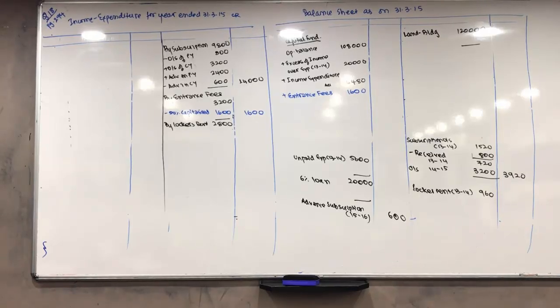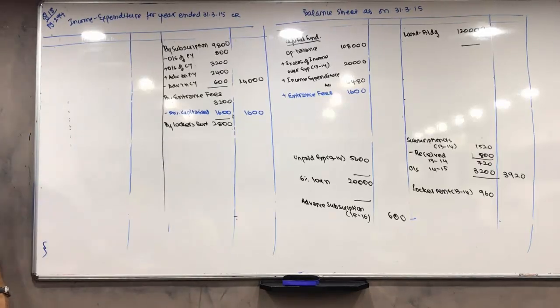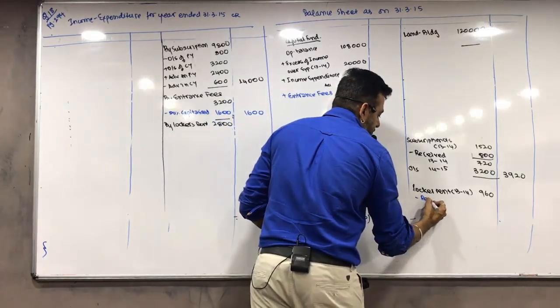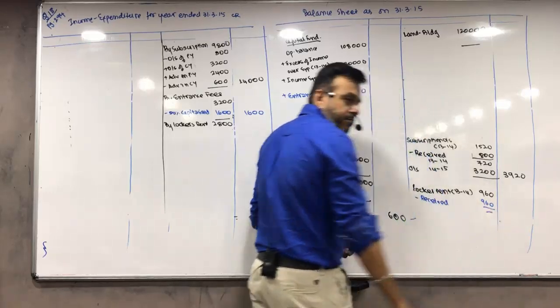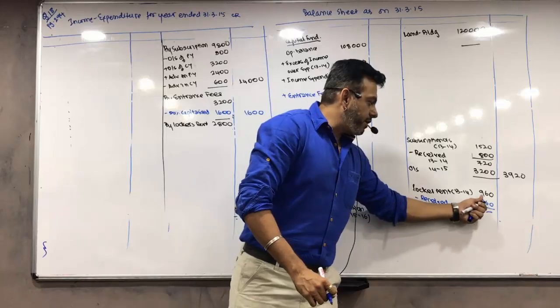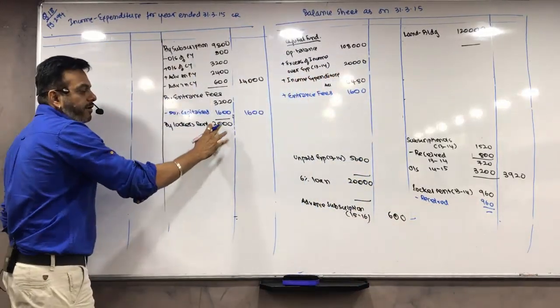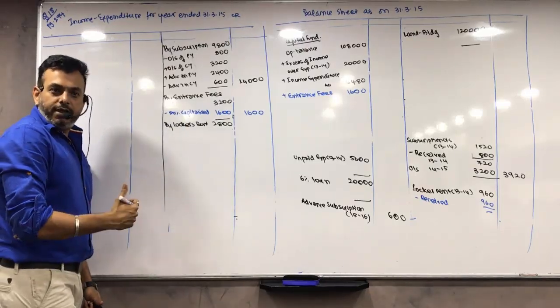Can you see 960? So this 960 we assume we have received in full. So minus received 960, it becomes dash. Did everyone understand? 960 is what we should have received in 2,800. We don't have any details, so we assume that we received the entire amount.